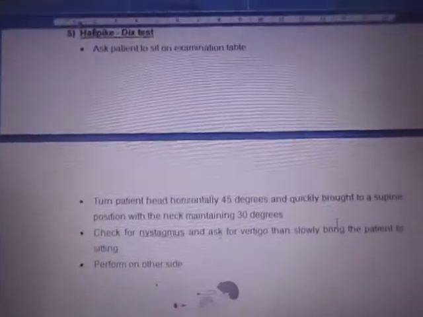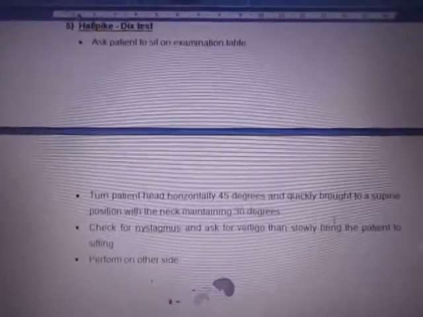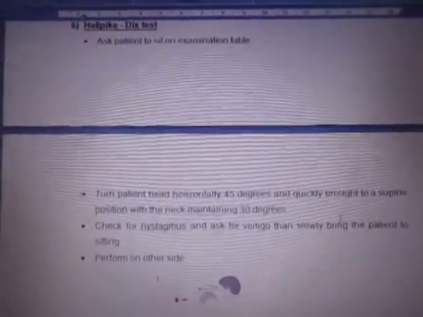Here, the Hallpike-Dix test. Ask the patient to sit on the examination table.